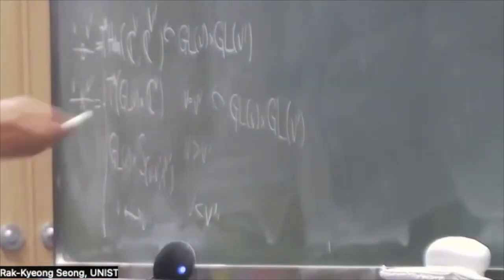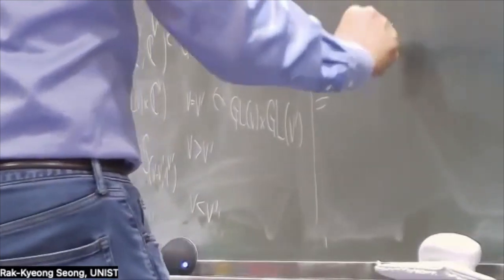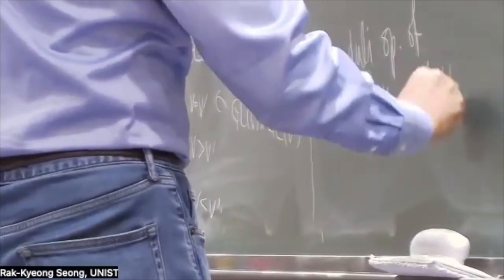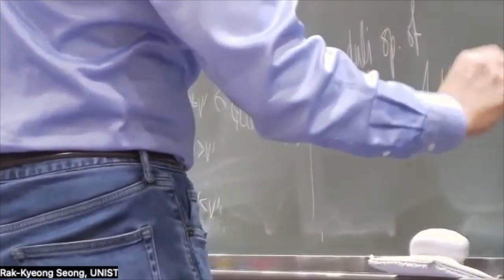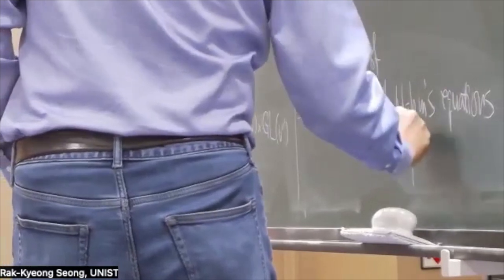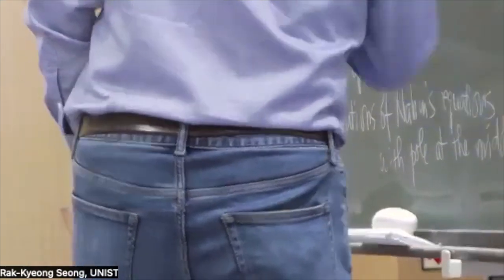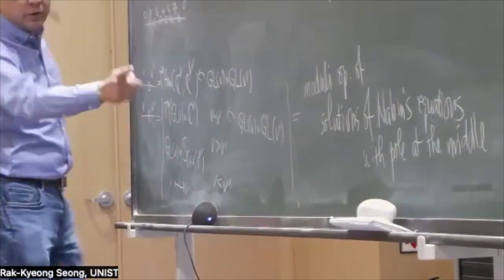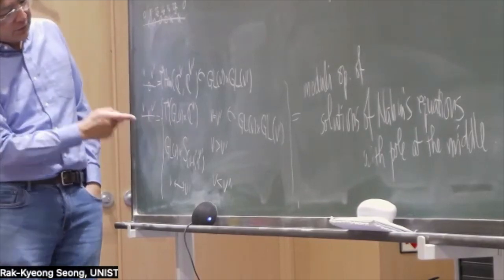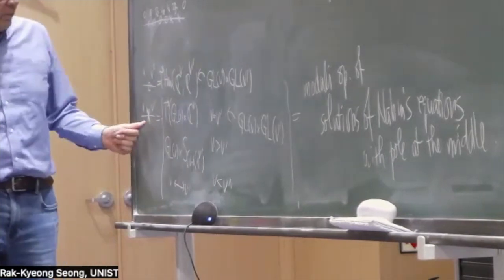This is also in the differential geometric language: this is a moduli space of solutions of Nahm's equation. Nahm's equation is the ordinary differential equation whose values are matrices of size V and V prime, and this has singularities, and you must assign some specific boundary behavior at those singular points.